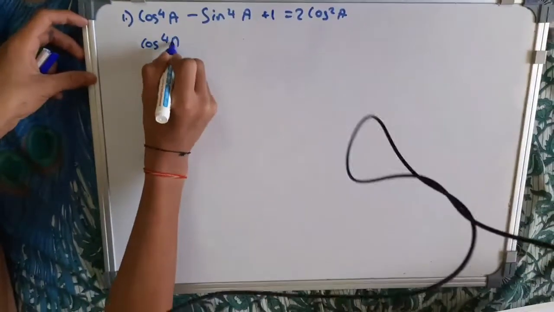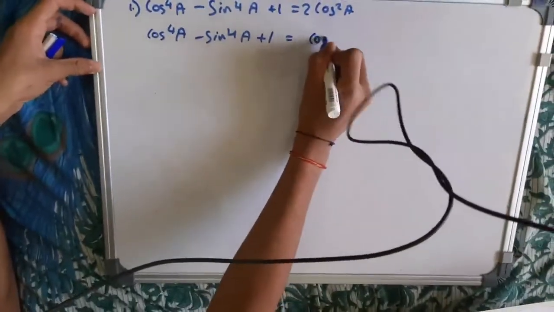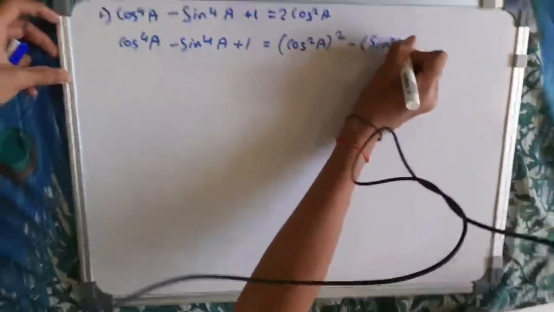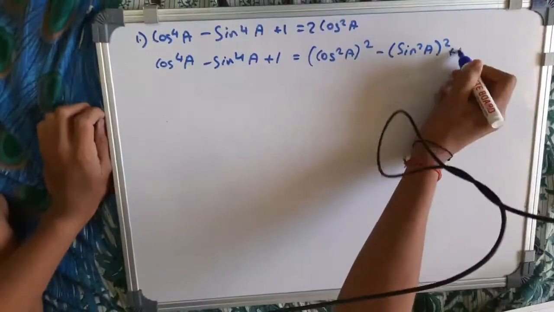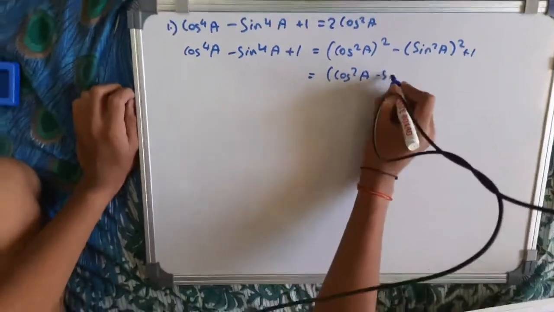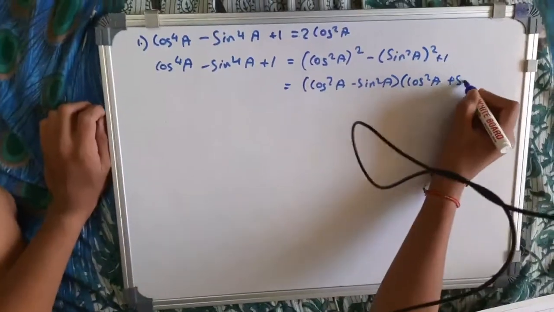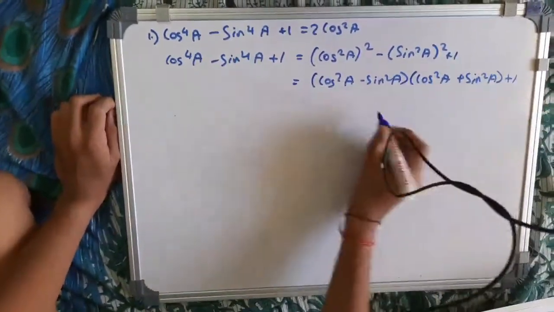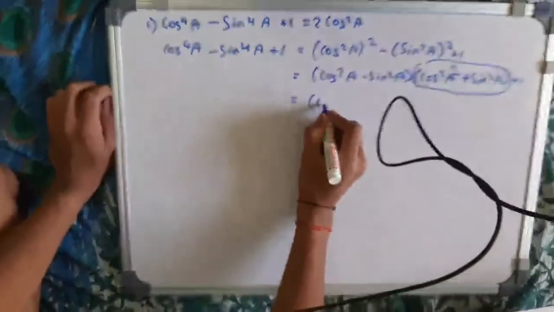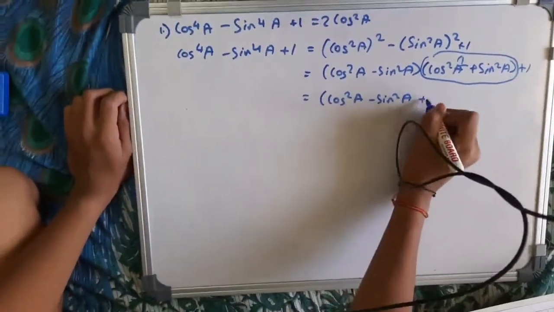I can write cos to the power 4a minus sin to the power 4a plus 1 as (cos square a) whole square minus (sin square a) whole square plus 1, and this can be written as (cos square a minus sin square a)(cos square a plus sin square a) plus 1, and this we know would become 1, so this would become cos square a minus sin square a plus 1.